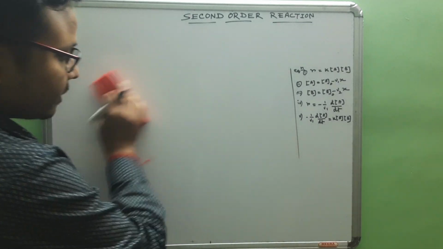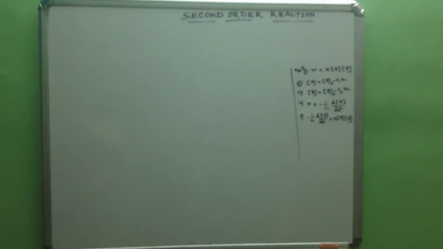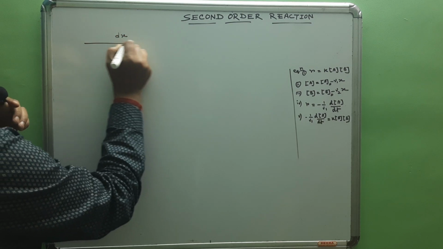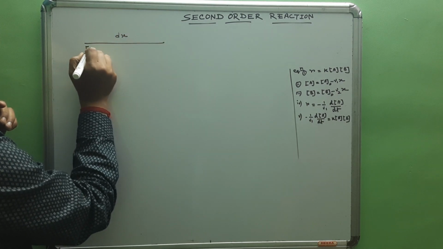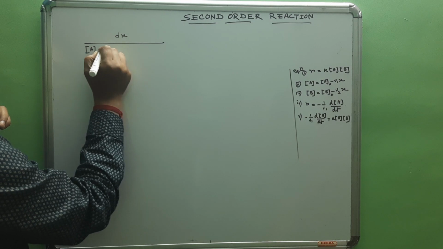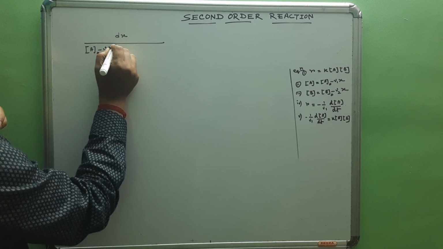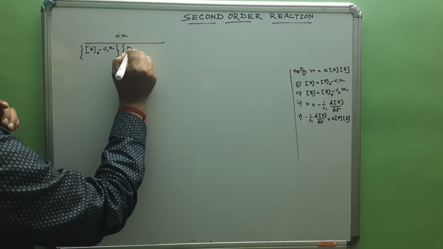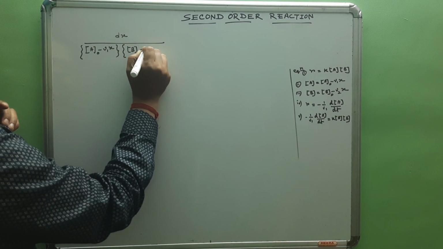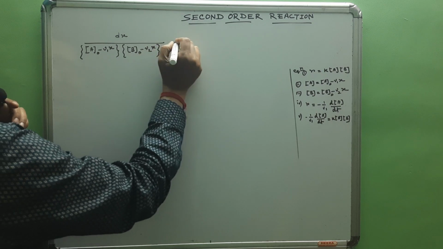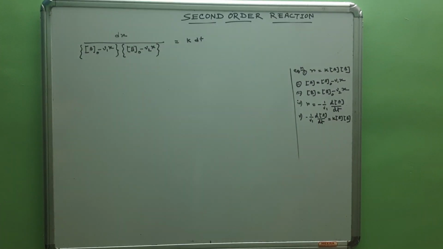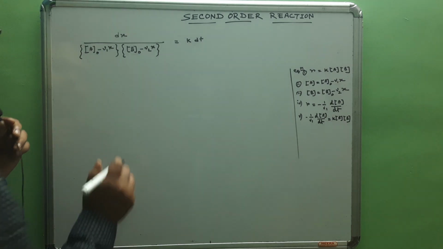So what was our last equation? If you remember, our last equation will be like this: dx, nu 1x, and here b0 nu 2x, and here k dt. So this is our equation.